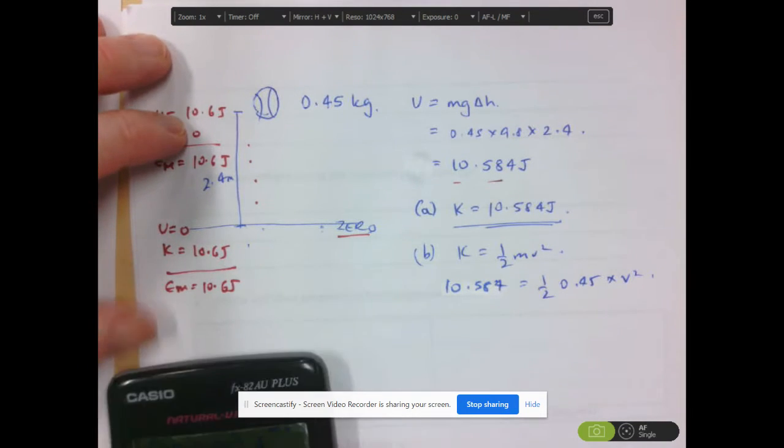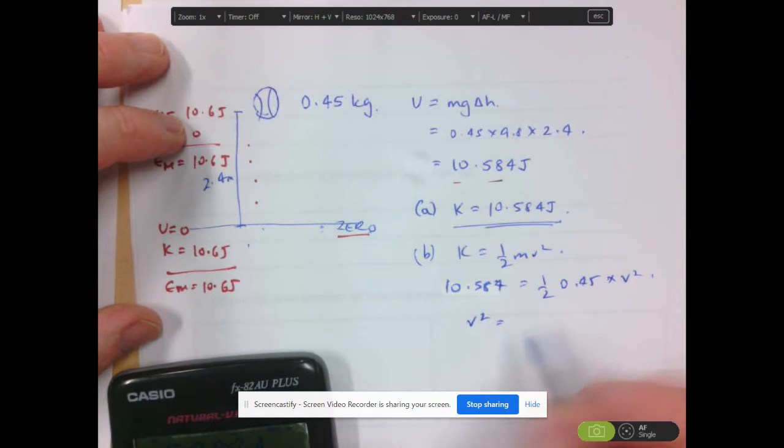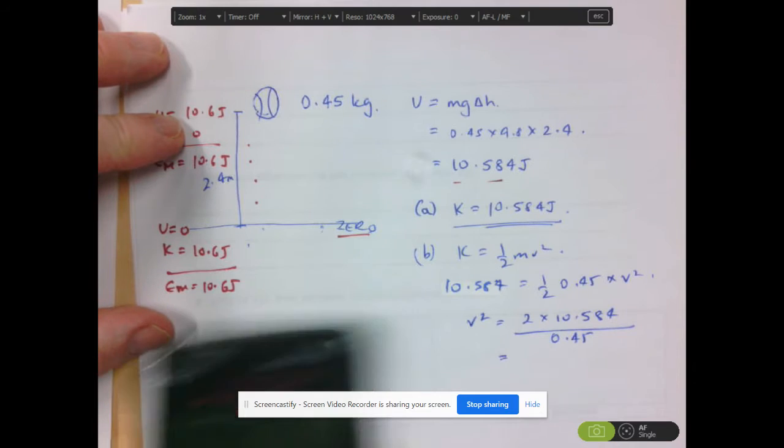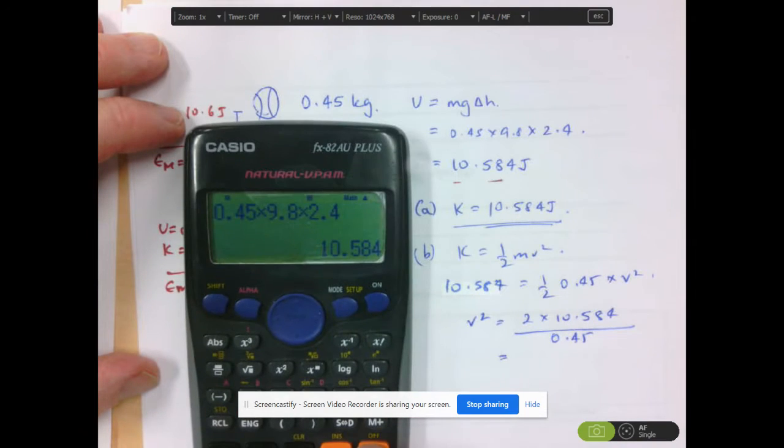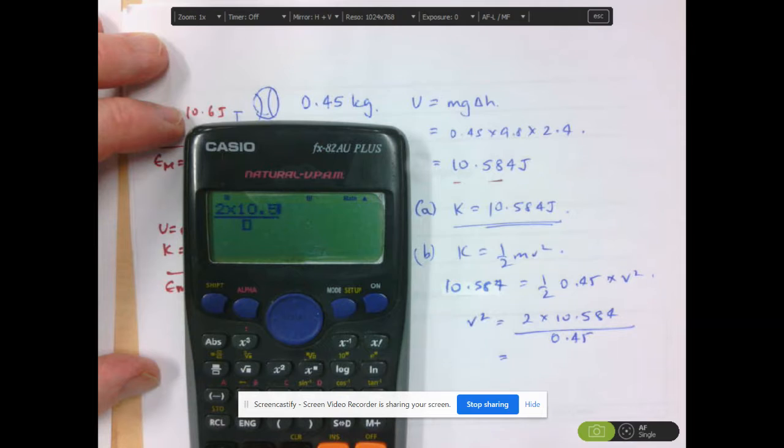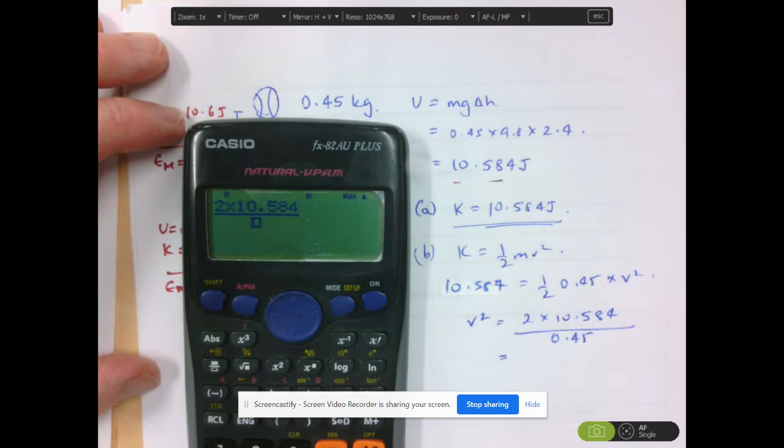Multiplying this up, we get an expression for v squared, which is 2 times 10.584 over 0.45. Solving that, we get 47.04.